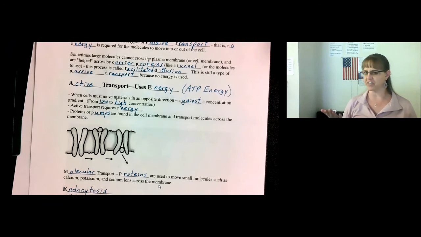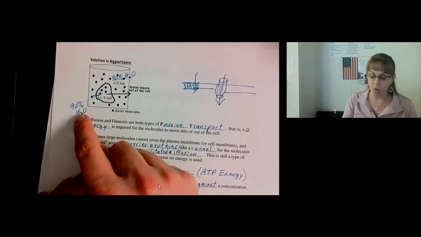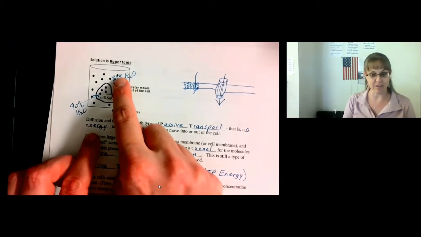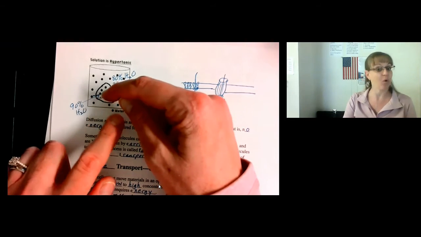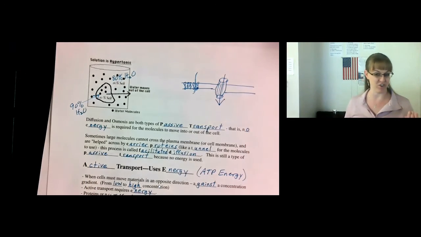So for example, with the salt in the cell, there is already more water inside of the cell than outside. So if the water packed in and made even more water inside the cell, that would be weird. That would not be normal. And that would require active transport. You'd have to have something that could push the water in, because it's not going to want to go there naturally.